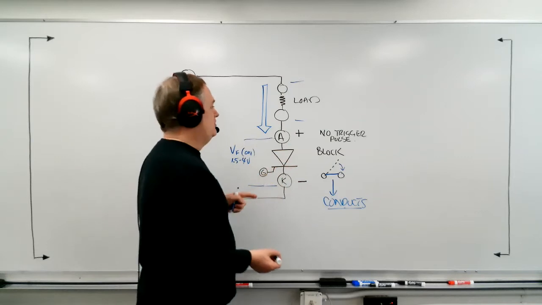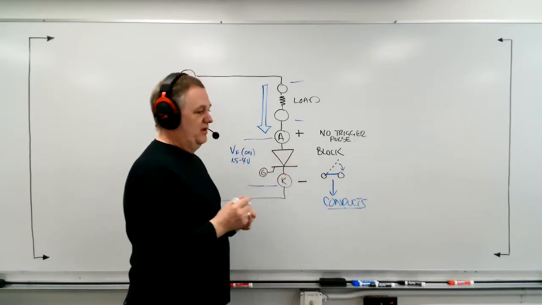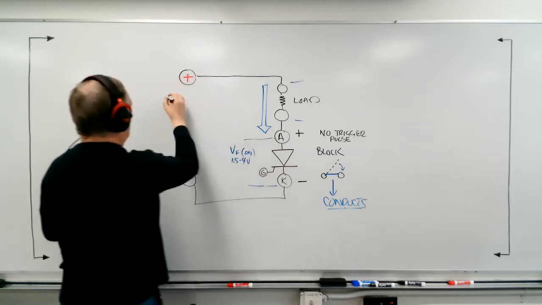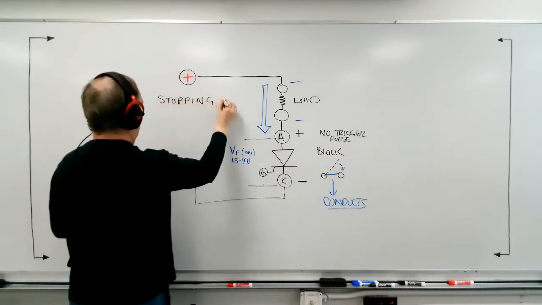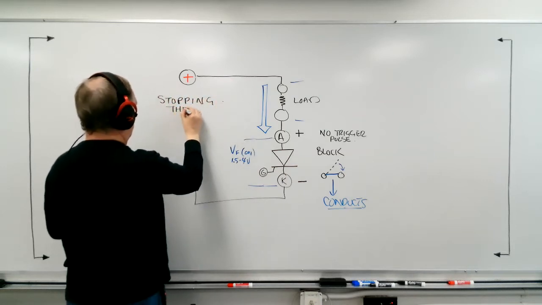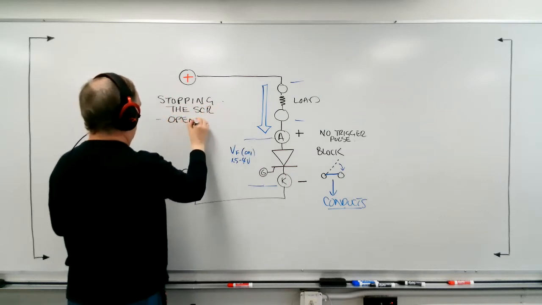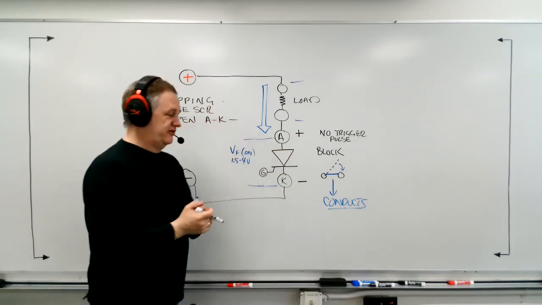So in order to actually get it to open, to turn off, we have to do something. And the term that we use for stopping the SCR, in other words, we want to open A to K, so we can get the current to stop.